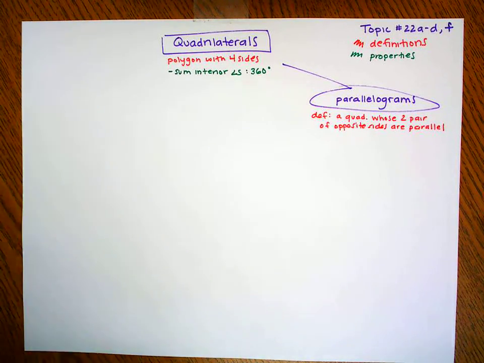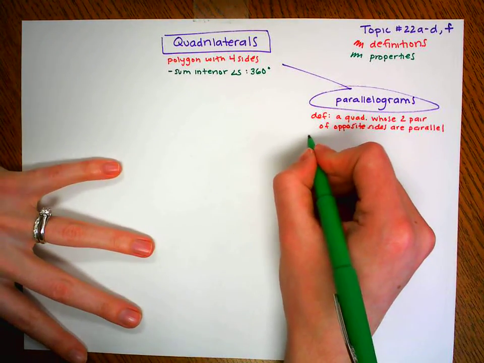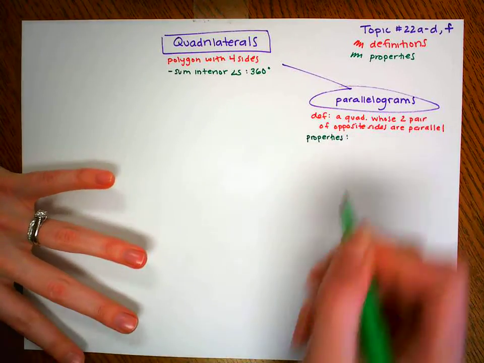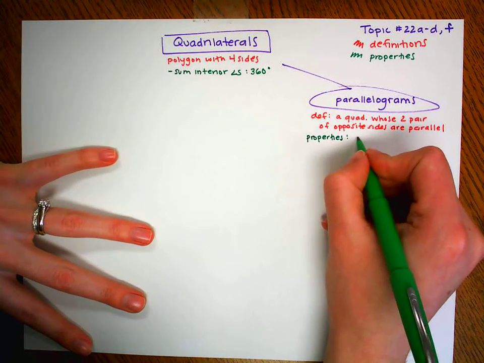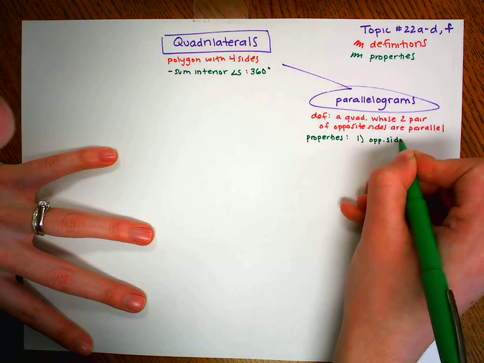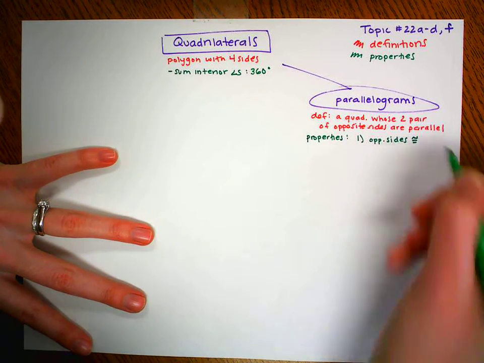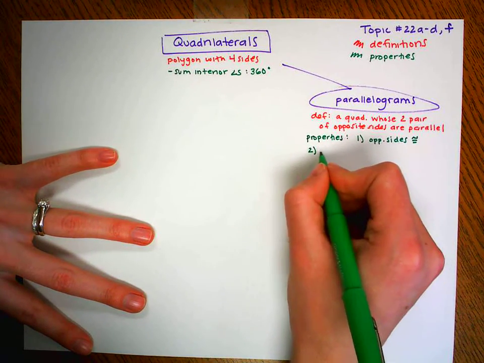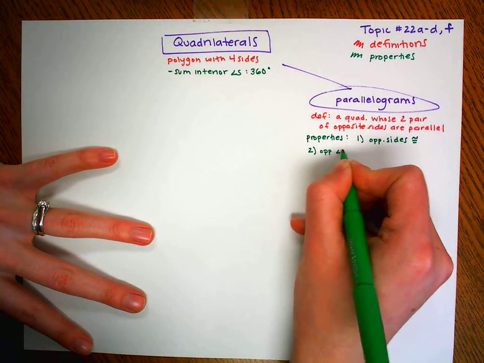Okay, and we've learned some properties. The first property that we have is that opposite sides are congruent. Our second property, here's our 2 angle properties, is that opposite angles are congruent.